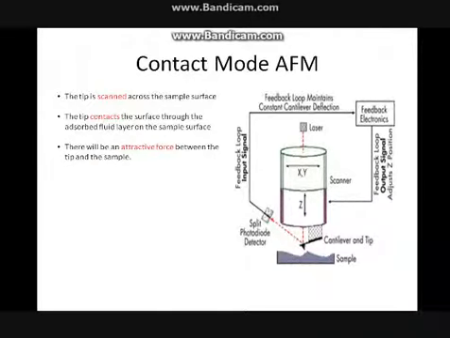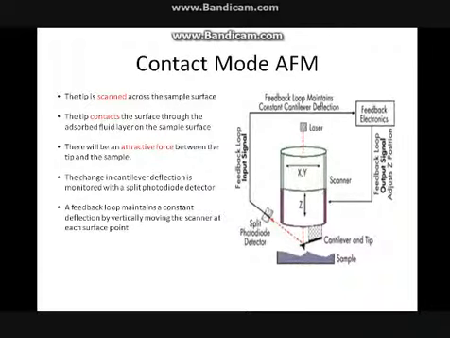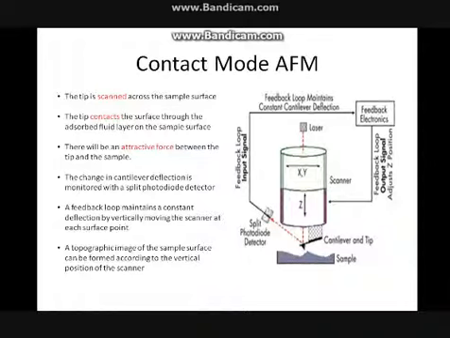The change in cantilever deflection, due to the force, is monitored with a split photodiode detector. A feedback loop maintains a constant deflection by vertically moving the scanner in the Z direction at each surface point. Eventually, a topographic image of the sample surface can be formed according to the vertical position of the scanner.